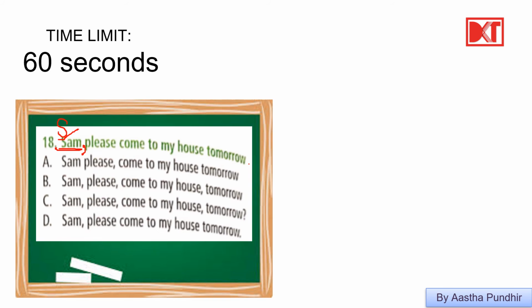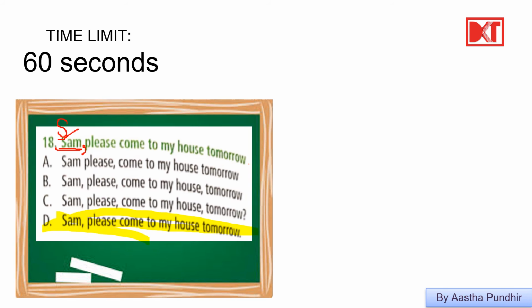Only Sam's S will be capital because it is the first letter of the first word of the sentence, and also it is a name, so the first letter of a name is supposed to be capital. Then we'll have a comma here and please come to my house tomorrow. The correct answer here is D.